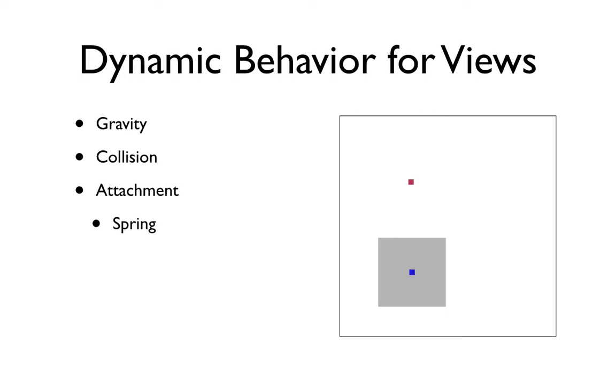The last one is the snap effect: when you click one, it will snap to the position. So these are very basic dynamic behaviors for views. We can also combine all these basic elements to build more complex behaviors.